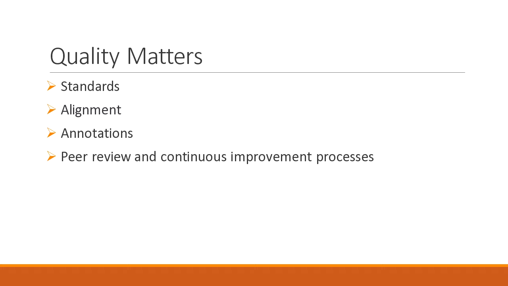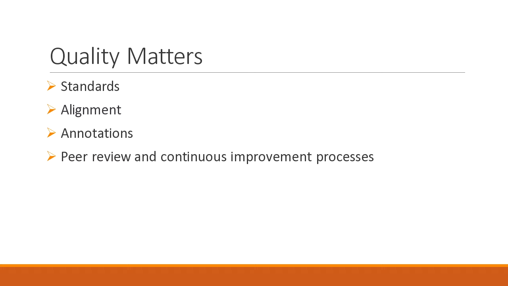The key thing that comes out with Quality Matters is this piece around alignment. Where they differ from some of the other institutional approaches is that alignment is worked into most of the standards, but it's also its own standard in its own right.